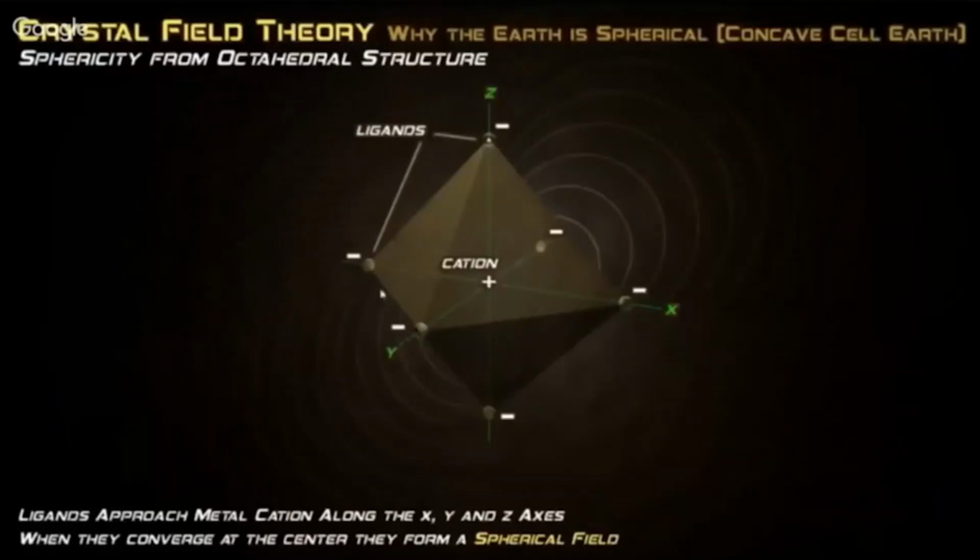And so when those ligands converge toward the center, they react with the positive cation and they create a sphere. And that sphere expands to a bubble, and that actually surrounds the octahedron.